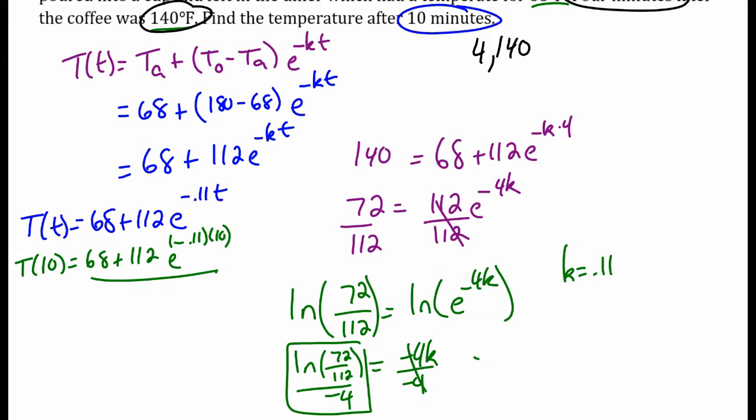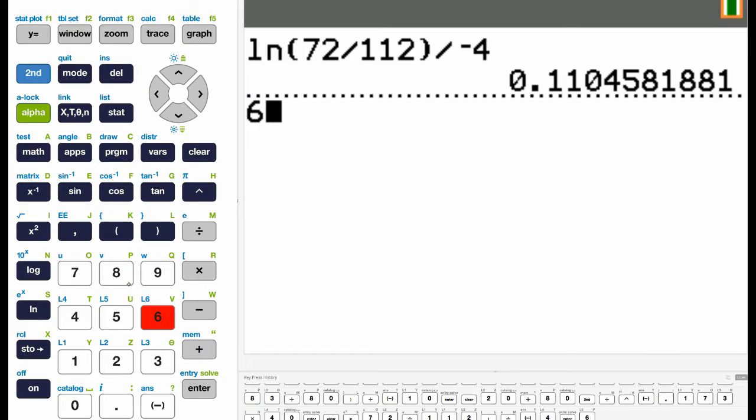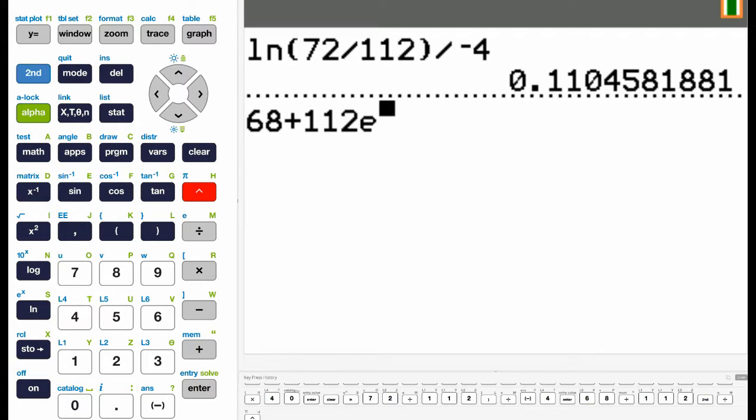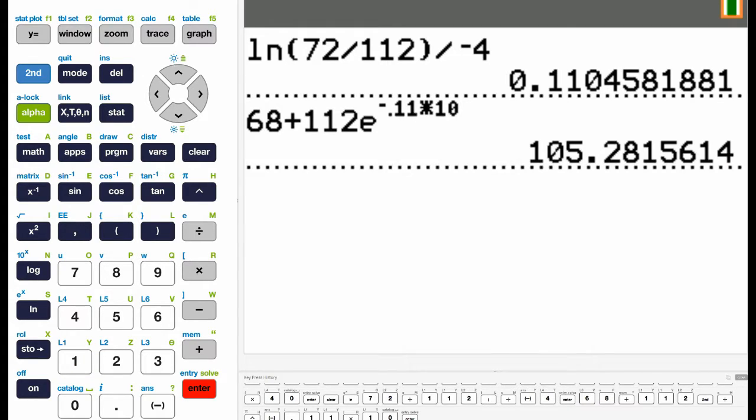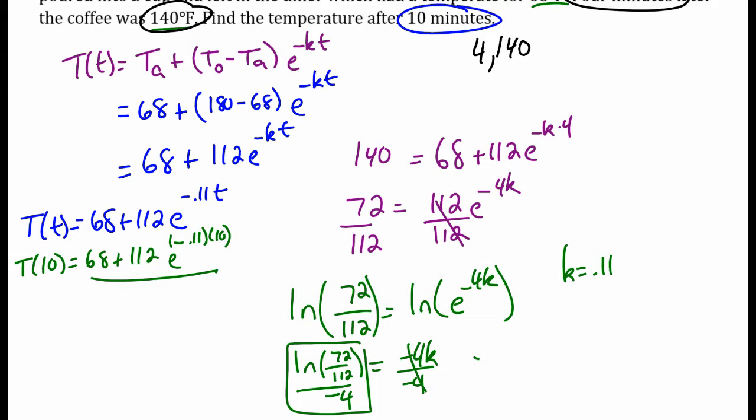Type that into your calculator. 68 plus 112 e to the negative 0.11 times 10. So the temperature of the coffee was about 105.3 degrees Fahrenheit. That's the temperature of the coffee.